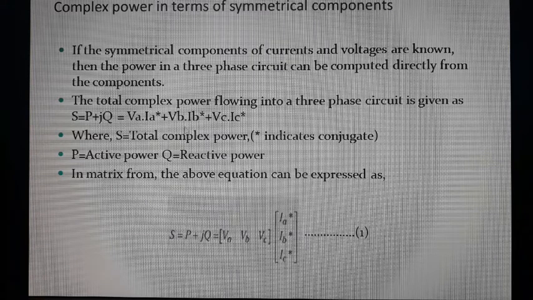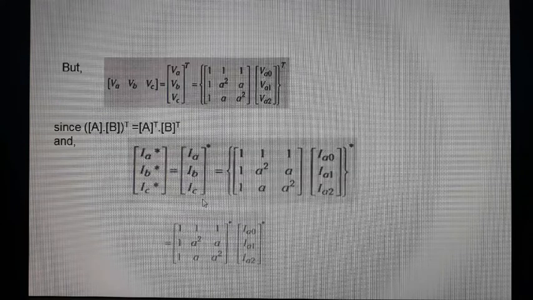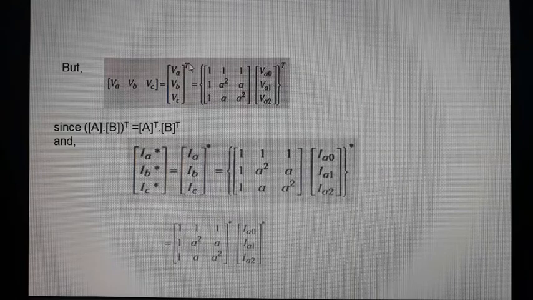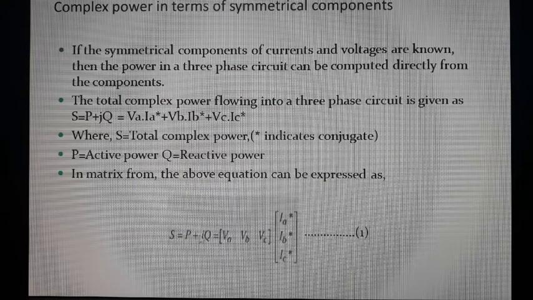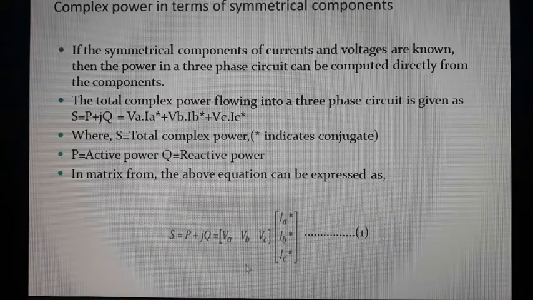In matrix form, we can write S equal to P plus jQ, which is Va, Vb, Vc, and Ia conjugate, Ib conjugate, and Ic conjugate. This can also be written as Va, Vb, Vc transpose. When we write it in a column matrix, it becomes a transpose of a matrix.